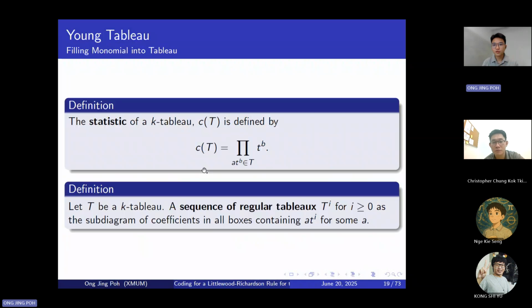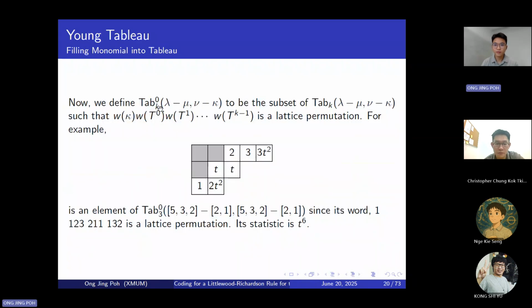And the statistic and sequence of regular tables is also useful to compute the word of the table filled with monomials. And we define the word of K tables as the concatenated word W kappa, WT0, WT1 until WTK minus 1. And below is just a simple example.